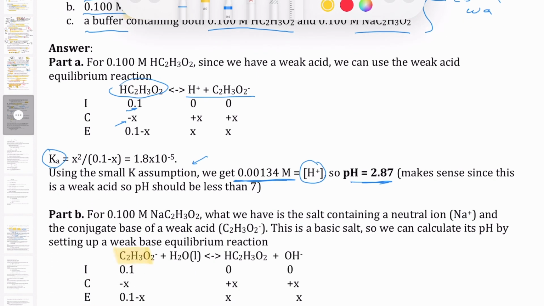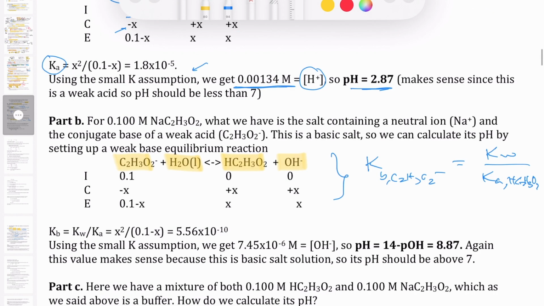That's just acetate in water forming the conjugate acid and OH minus. And again, the K of this is called the Kb of acetate, and that is something we can calculate by using Kw over the Ka of acetic acid, which is its conjugate acid. And in fact, that's what we did here.